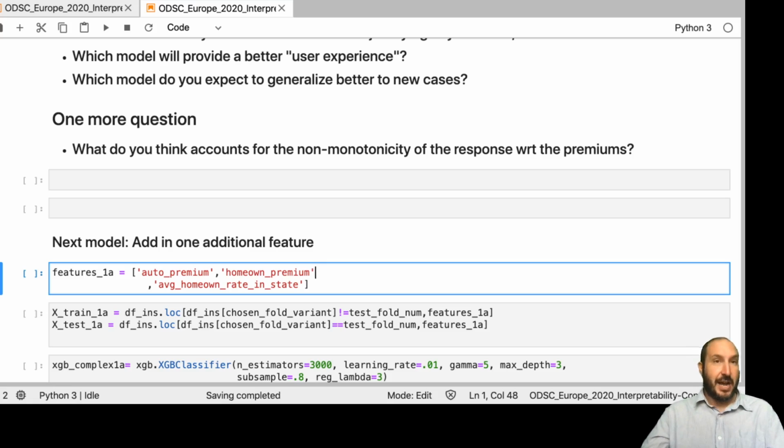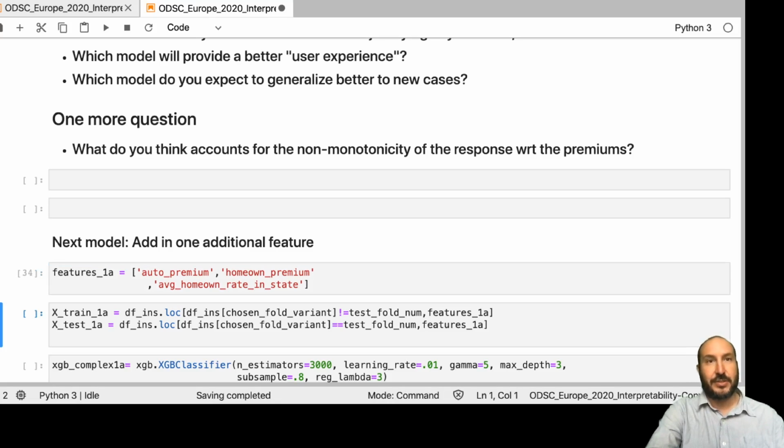Florida actually has a very high homeowners insurance rate because there are so many hurricanes and so forth. So a $1,000 premium in Florida is actually kind of a cheap premium, means you probably have a very inexpensive house. Whereas a $1,000 premium in, say, Nebraska might mean you have a more expensive house. So let's see what happens when we add in this feature, which is the average homeowners rate in the state.